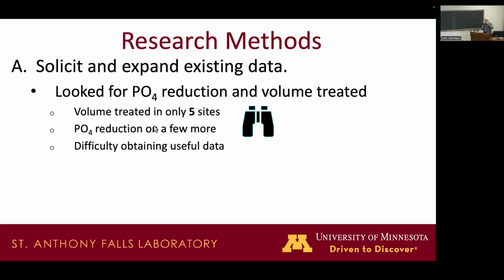In other words, if you've treated more volume, then your filter probably has less capacity to remove phosphate. But there's volume treated in only 5 sites out of 100, and now it's about 200 sites in Minnesota. There are only 5 sites that had volume treated. Phosphate reduction on a few more, but we had difficulty obtaining useful data.